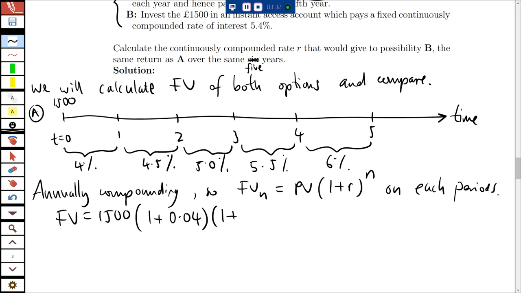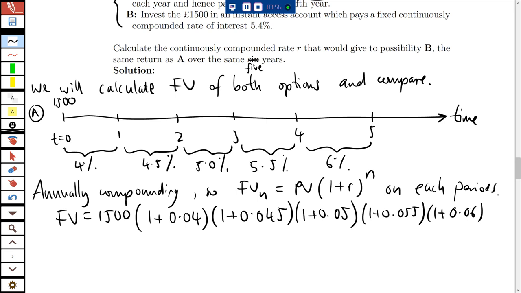And then if we times that by 1 plus 0.045, we get the value at the end of the second year, and so on. This will give you the value at the end of the third year, fourth year, and finally the fifth year.